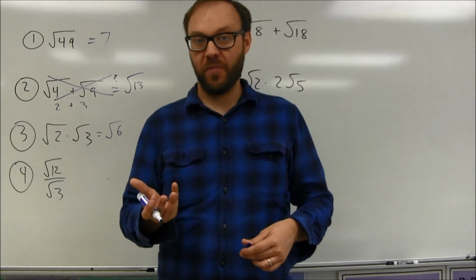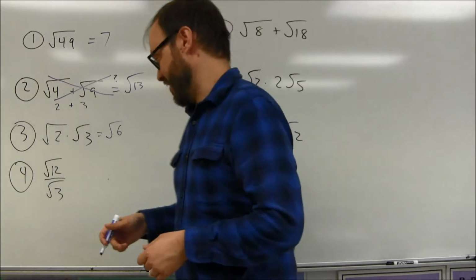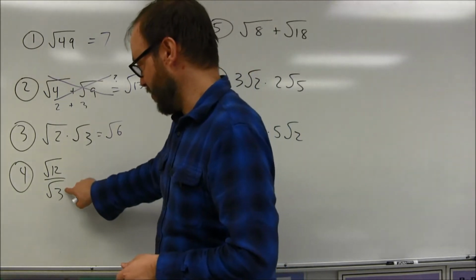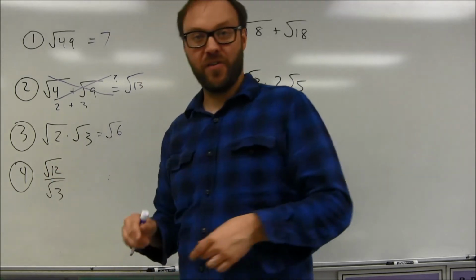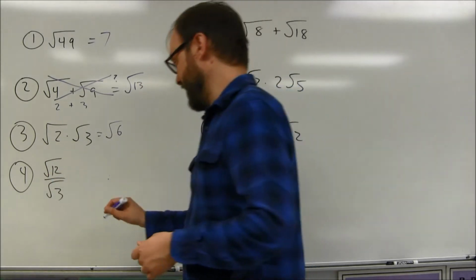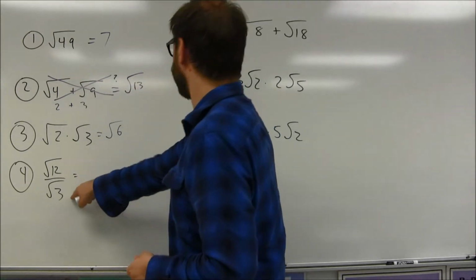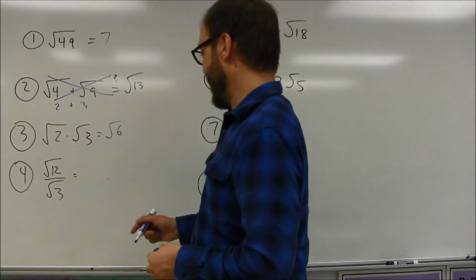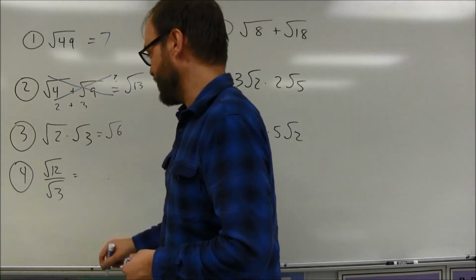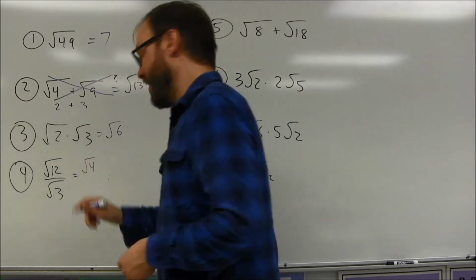Division is the reverse of multiplication. You can also divide radicals. So for example, if you have a number under a radical and you have another number under a radical, those two values can be divided. In this particular case, each is some kind of a crazy decimal. However, if you divide those two things, you get the square root of 4.